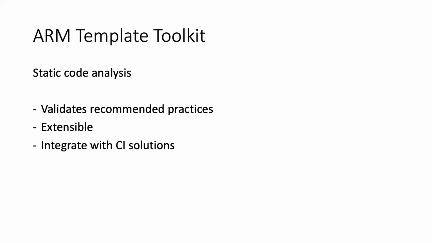So the ARM Template Toolkit is an attempt to help us define best practices for our templates, and maybe check for certain things that we don't want to occur in our templates.